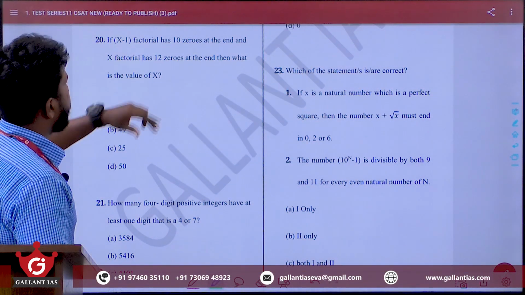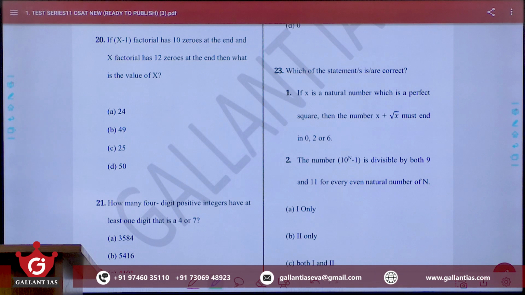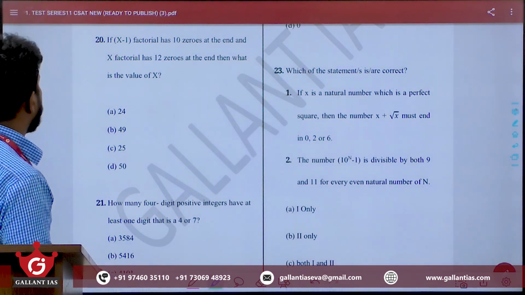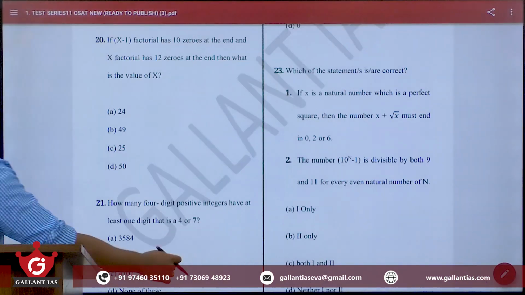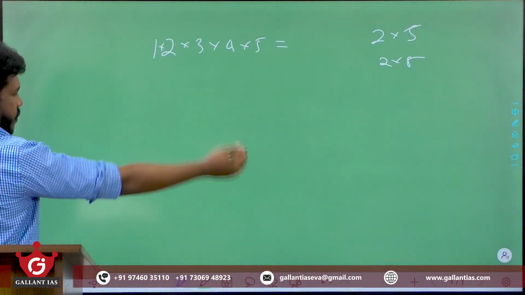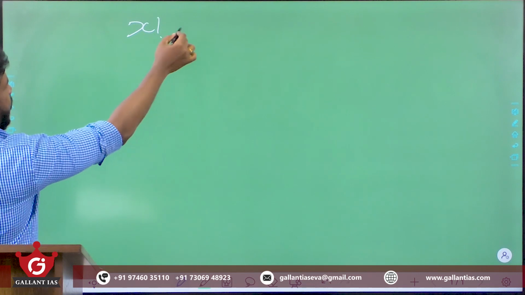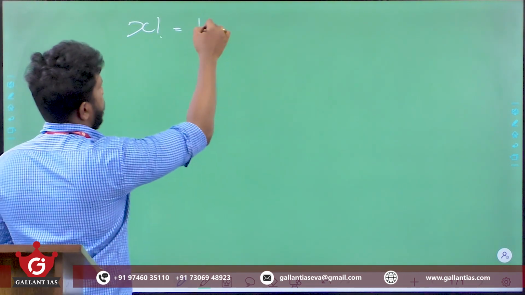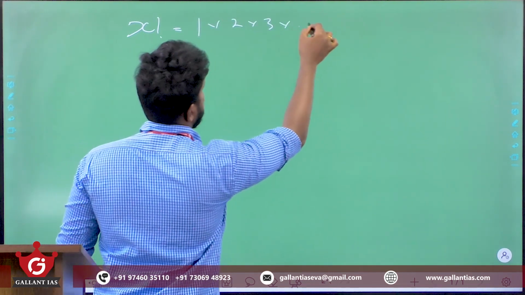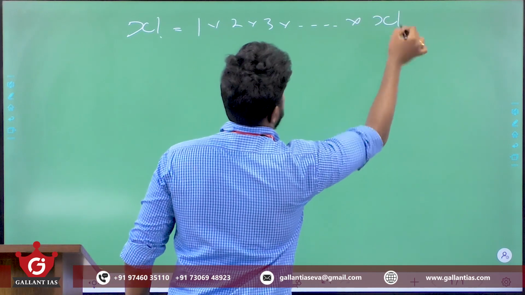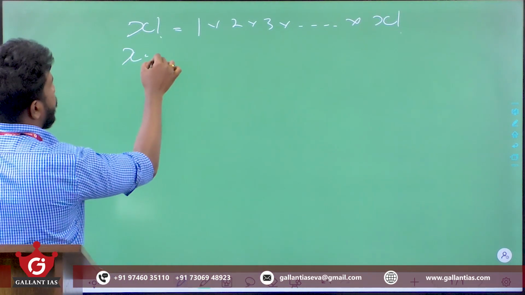So if x minus 1 factorial has 10 zeros, then x factorial has 12 zeros at the end of the value. What is the value of x? What do you mean by x factorial? X factorial is nothing but 1 into 2 into 3 into etc. up to x. What is x minus 1 factorial?